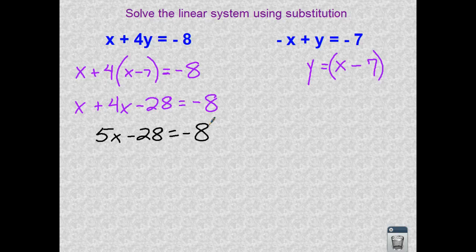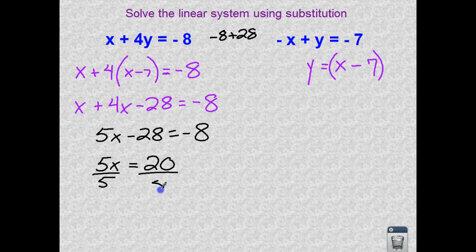Add 28 to both sides. All right, so -8 plus 28. We're going to come up with a +20. Divide both sides by 5.